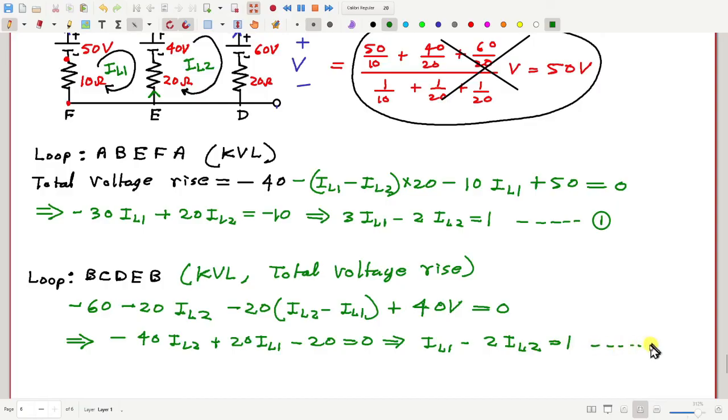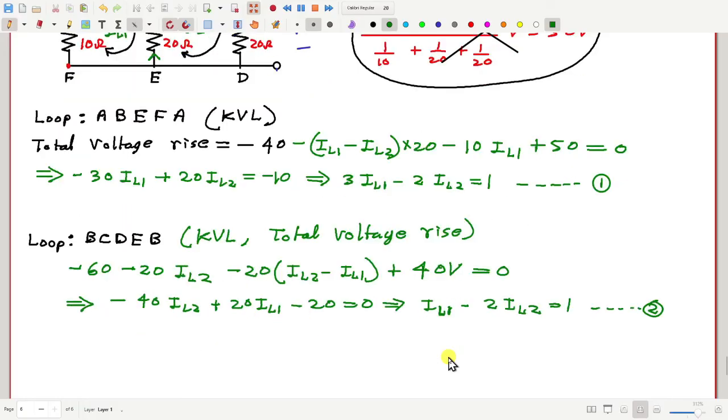So this is another equation. Okay, so we have two equations, but the values of IL1 and IL2 are unknowns. So we have two unknowns and two equations, so we can solve for IL1 and IL2.